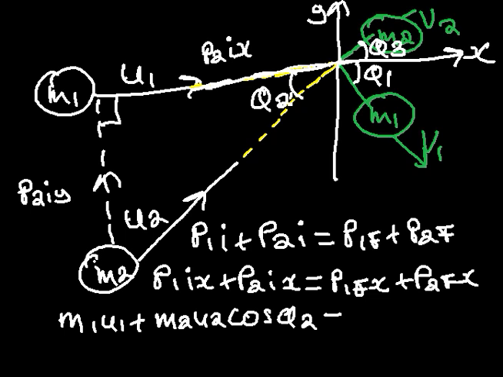Then this is equal to the final momentum for object 1 along the x-axis. What will that be? This is object 1 after the collision, so we have to resolve it into components. This is the triangle of our interest. Let me present it properly.